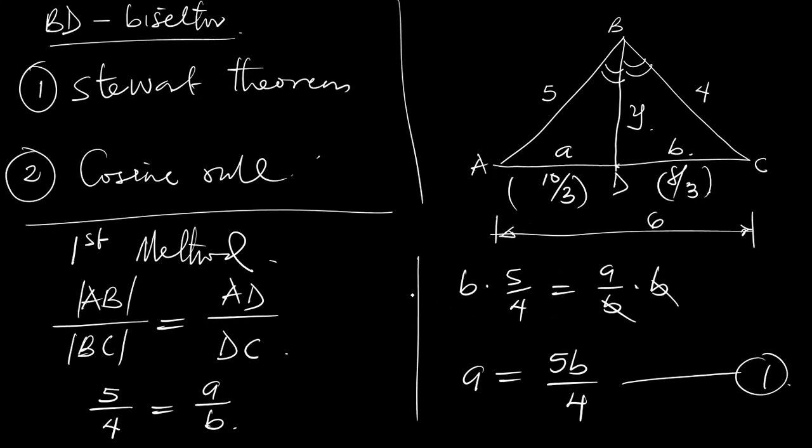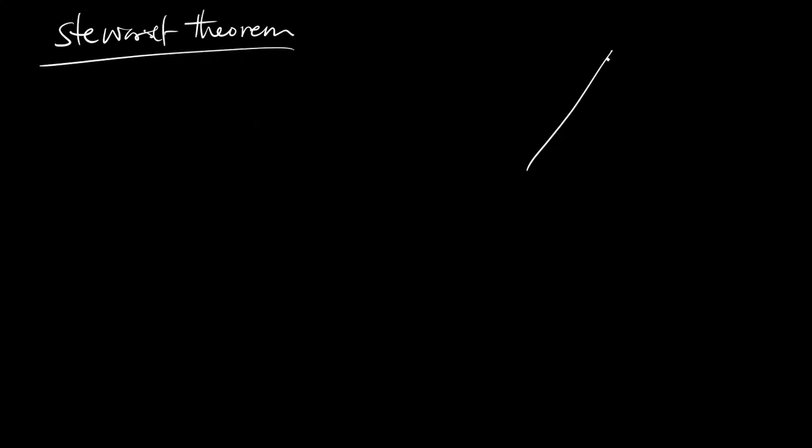So having gotten that, now we are going to apply Stewart's theorem. Now, if you have a diagram like this, and there is a bisector that bisects an angle.